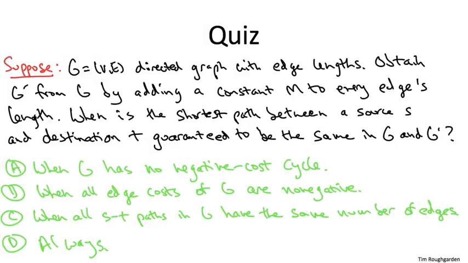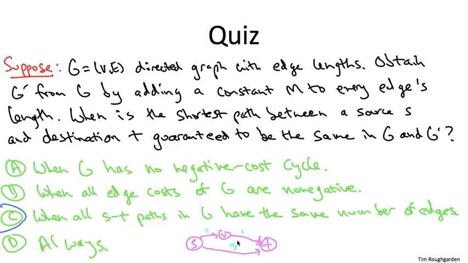All right, so the correct answer is C. Of the listed conditions, the only one that guarantees that adding a constant M to every edge length preserves the shortest path between a pair of vertices S and T is that all of the paths between that pair of vertices have the same number of edges. And maybe the easiest way to see this is just with a simple example.